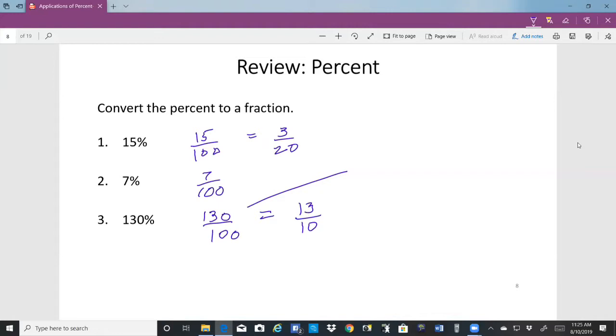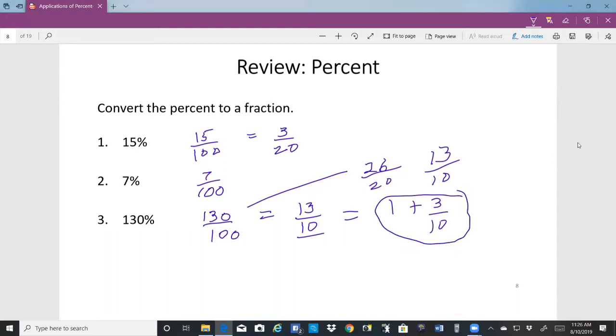I divided the numerator and denominator by 5, and you get 26 over 20, and then divide by 2, and you get 13 over 10. So this is a fraction but you also should convert that to 1 plus 3/10. So the fraction is 1 3/10.